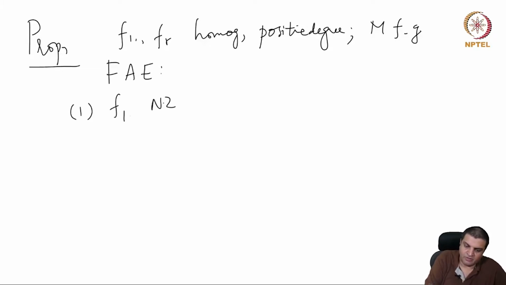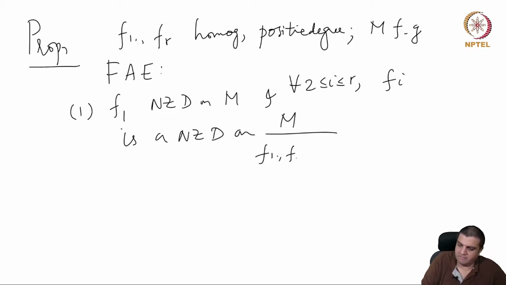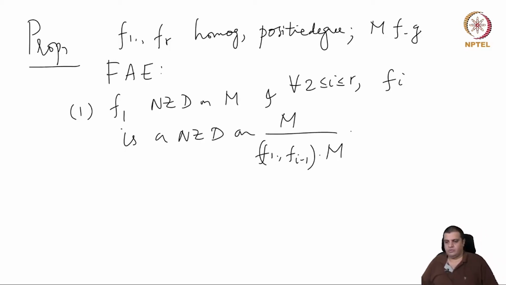F1 is a non-zero divisor on M, and for all i between 2 and r, Fi is a non-zero divisor on M mod F1 through Fi minus 1 times M. Okay, so this is one condition. 2.